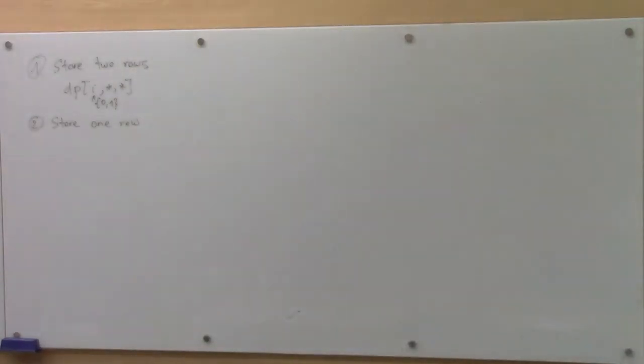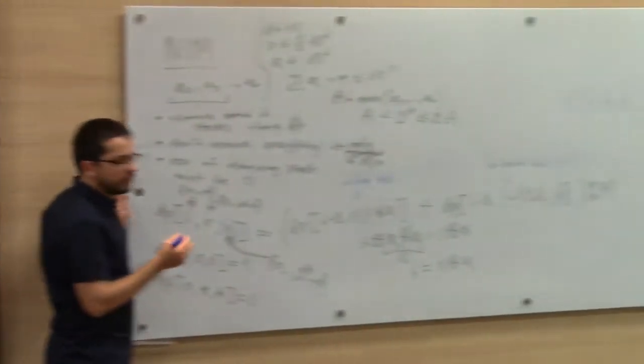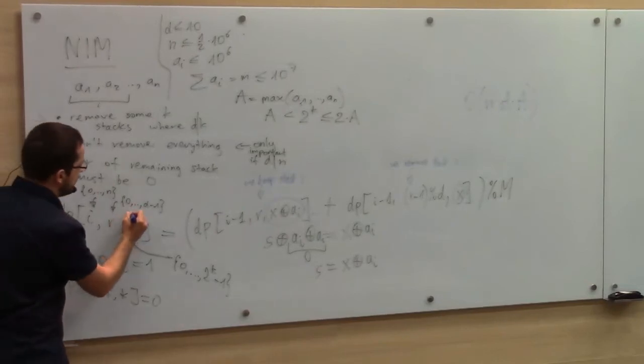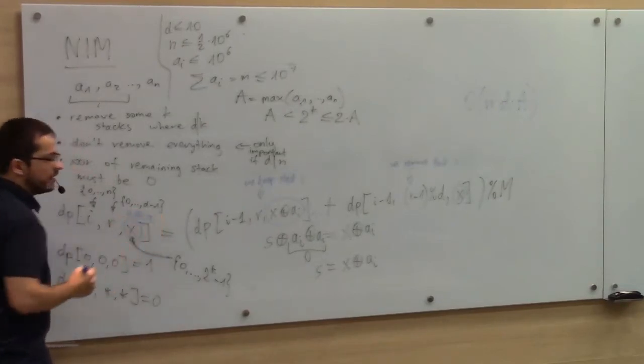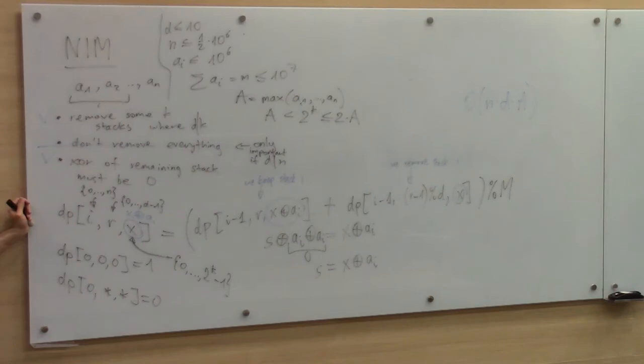We see that the value of i depends only on i minus 1 and i minus 1, but the second important thing is that the value of x on the third coordinate only depends on the value of x and the value of x plus ai. So let's see on which values the value x plus ai depends.